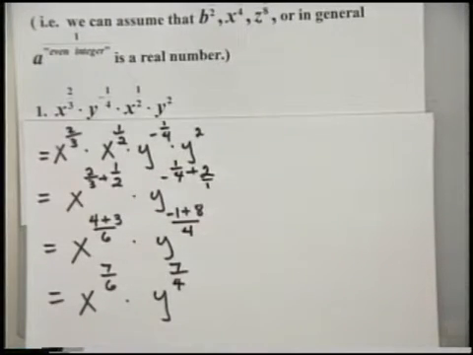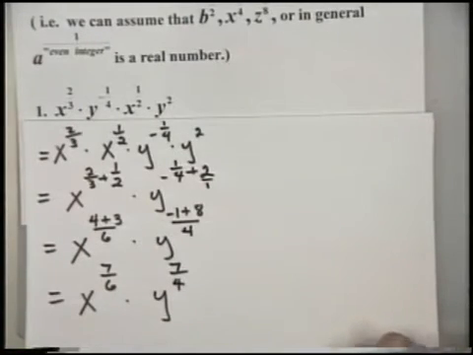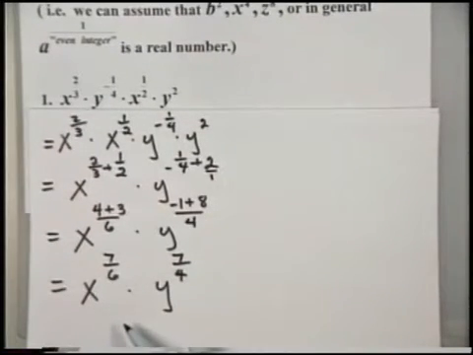Now, are we done? Well, I said to write it as simple fractions. Now, what does that mean? Remember, simple as opposed to complex. I don't want any denominators or numerators that are fractions. Well, I don't have that. I want it to be simple. I want it to be reduced.